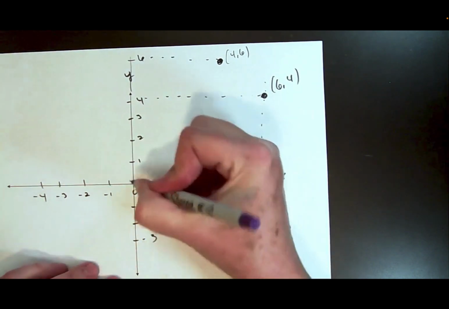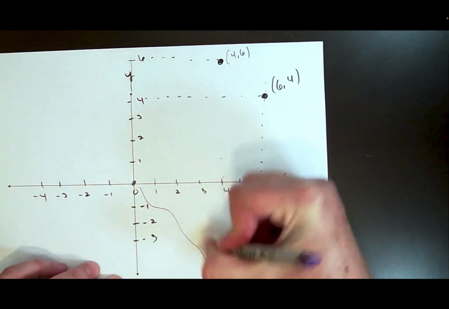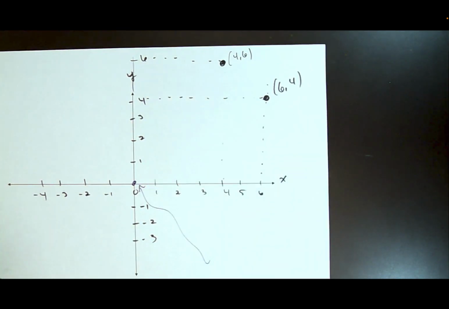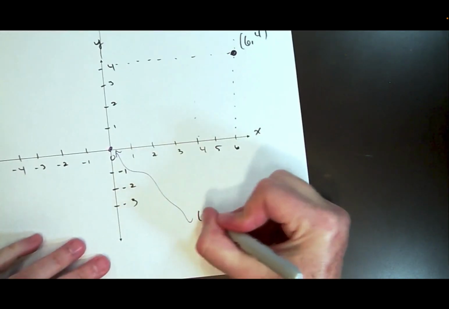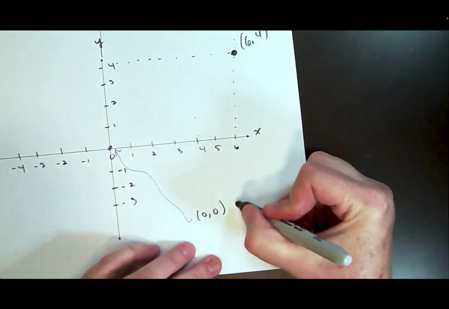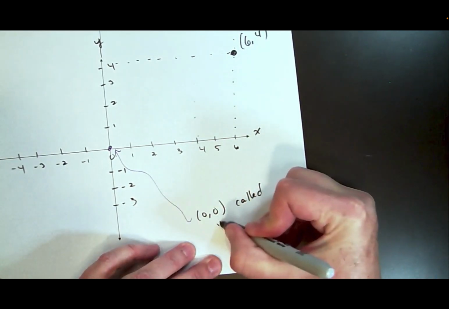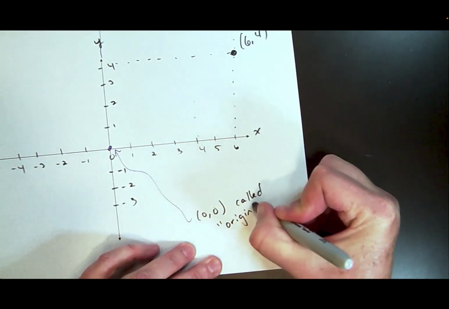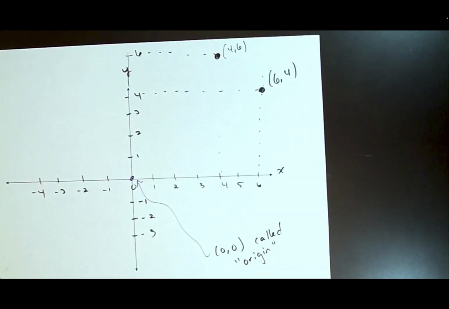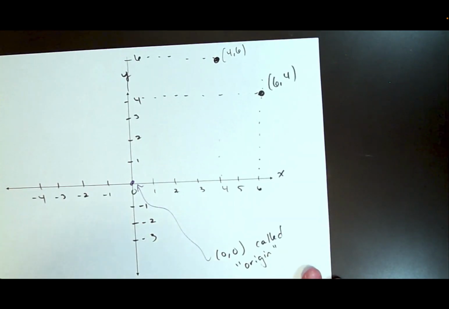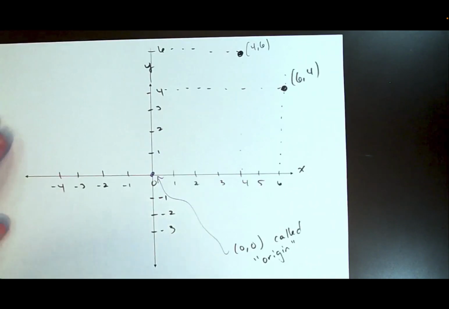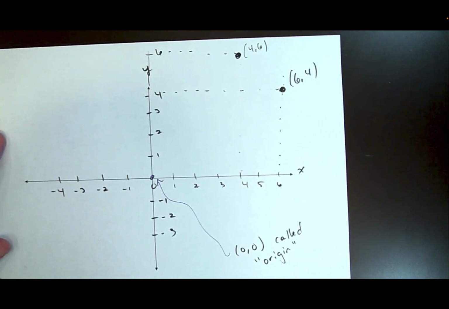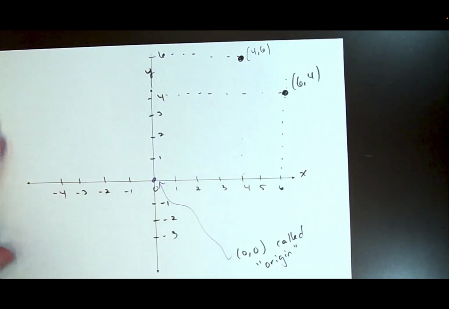Some terminology: the spot that says 0 on both number lines is called the origin, just like it is when you have a single number line. Let's see, what else do I need to remind us of? Oh, these two number lines divide the paper or the coordinate system up into 4 areas that are called quadrants.